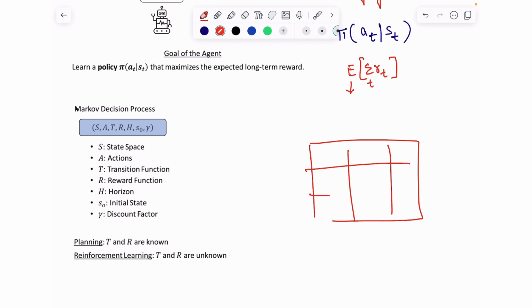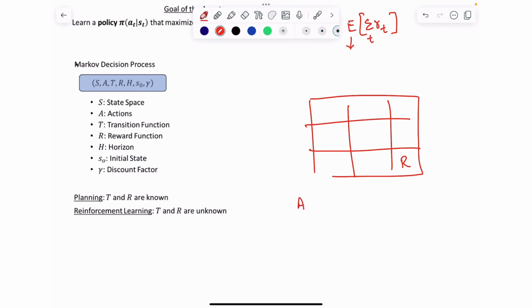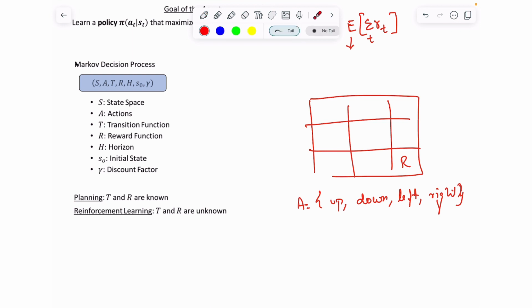Let's say you have a grid world and the robot is standing here, and you are given particular actions: up, down, left and right. The robot can take any of these four actions, and at a given point of time it is standing in a particular cell. This is giving you S0, the first state.